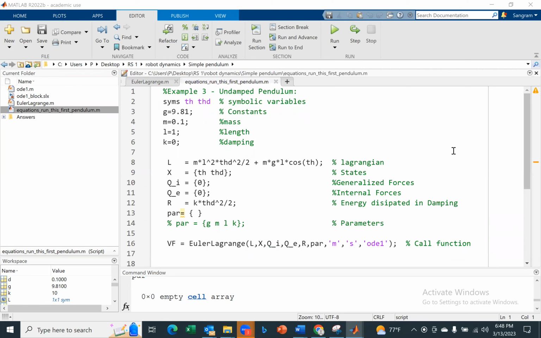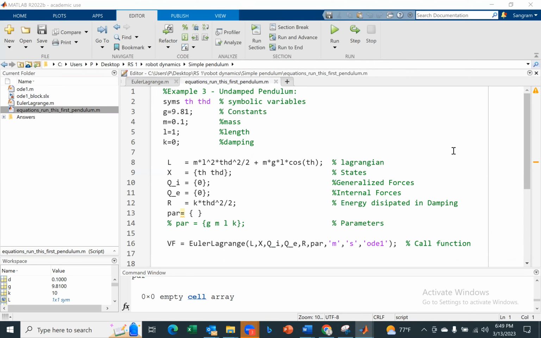Are you with me so far? So that's why I have symbolic variable TH stands for theta and THD stands for theta dot. Everyone with me? Now, next, I'm going to define the constants. For the simple pendulum, what are the constants?